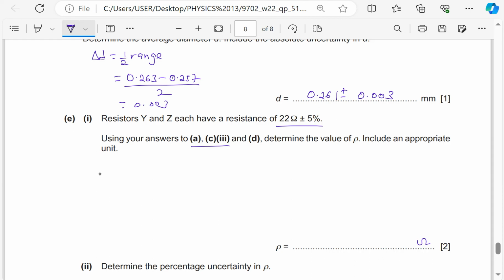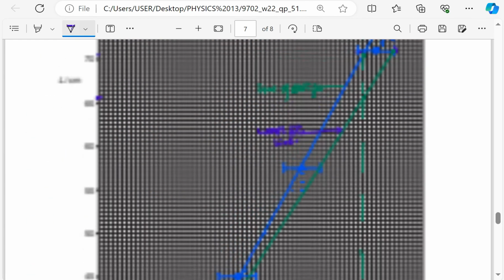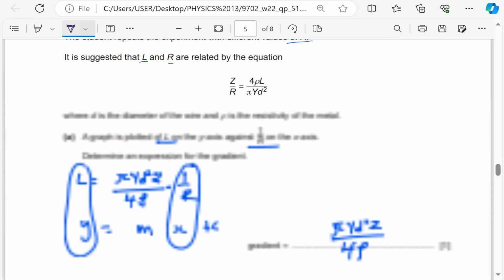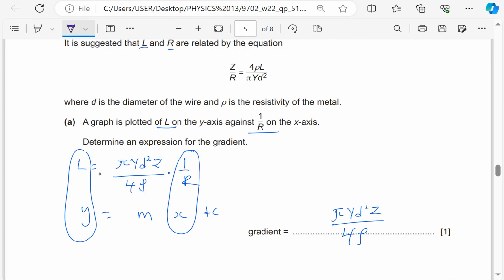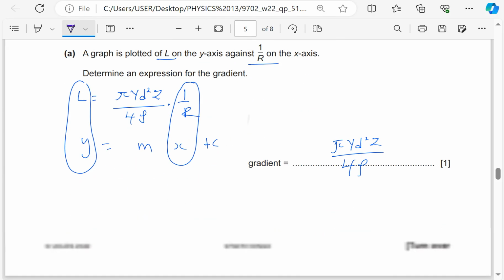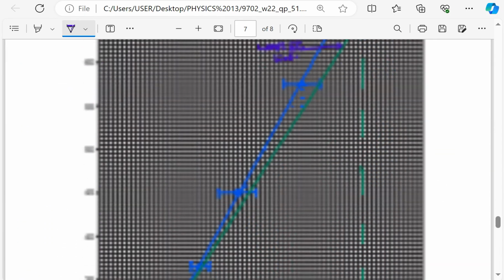Let's first find rho. Remember the gradient from the first part of the question. What was the gradient? The gradient was pi y squared d squared z over 4 rho. So I can make rho the subject in that expression.